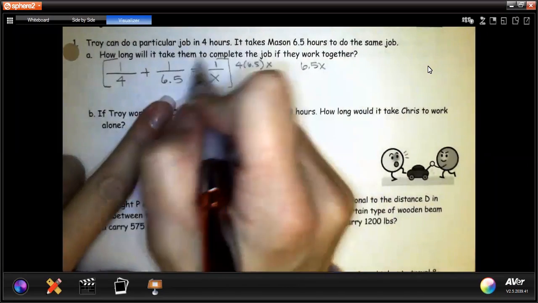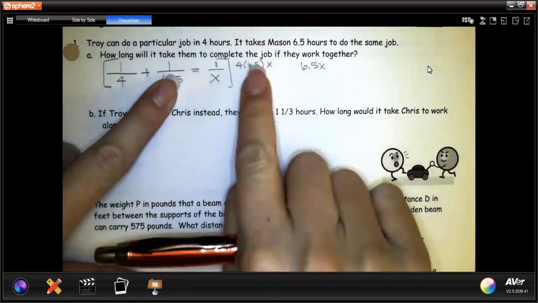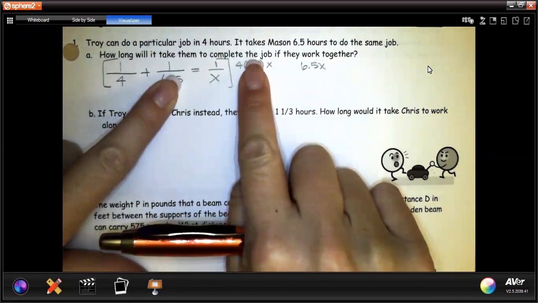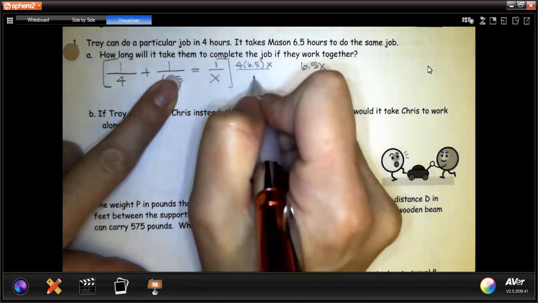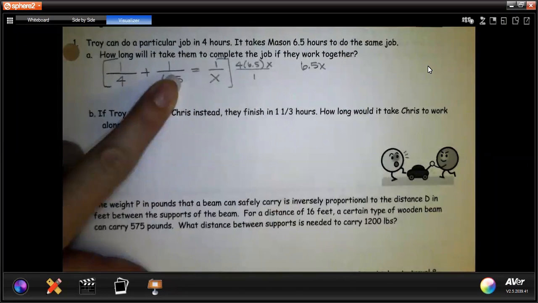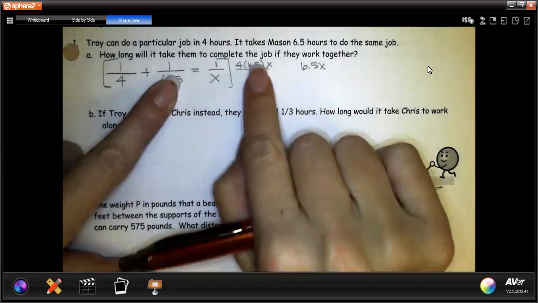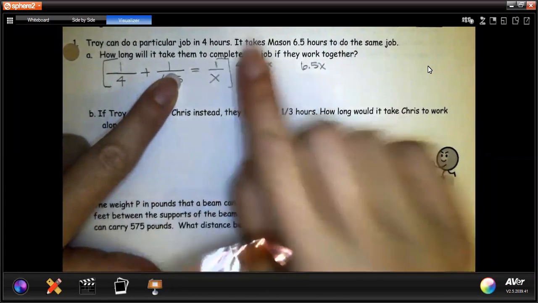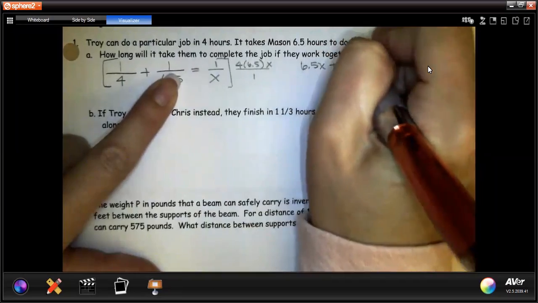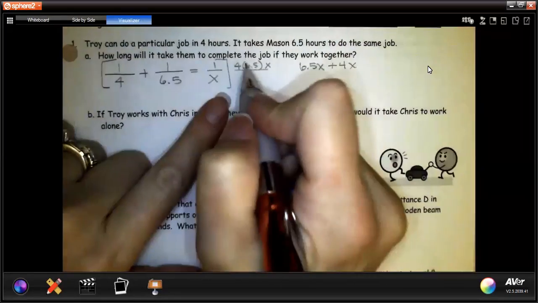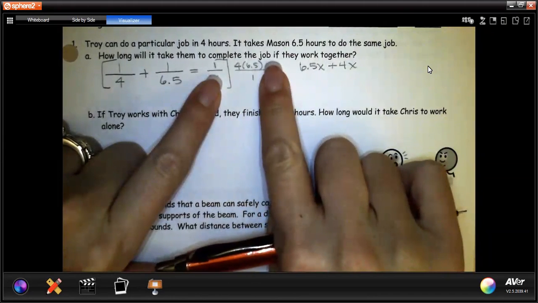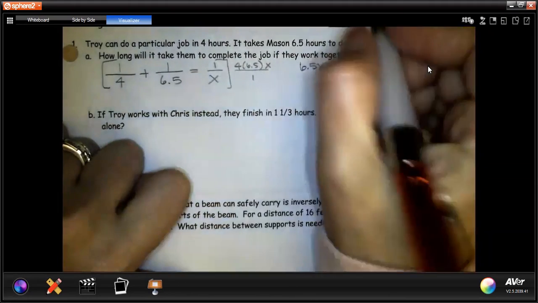When I distribute this to the second one, the 6.5 and the 6.5 cancel. Because remember, if anything's in the numerator and denominator, it cancels, and this is basically over 1. When you're multiplying fractions, you multiply the numerators and then the denominators. So 1 times 4 times x is 4x. And then when we multiply this last one, this x and this x are going to cancel, and we get 1 times 4 times 6.5, which is 26.